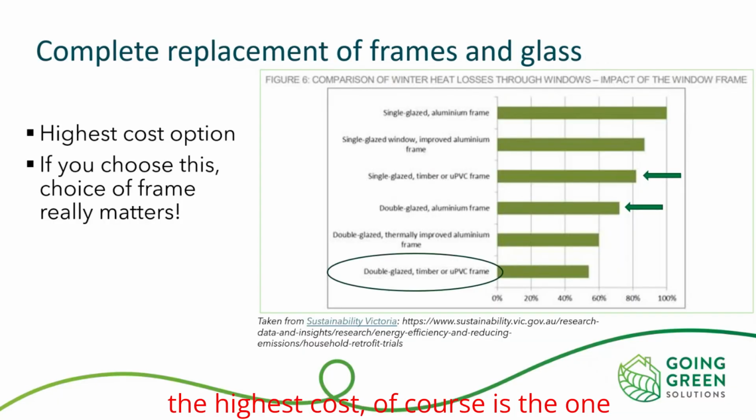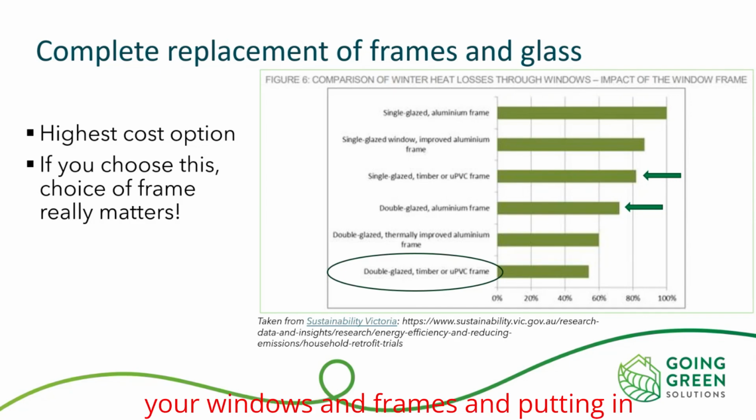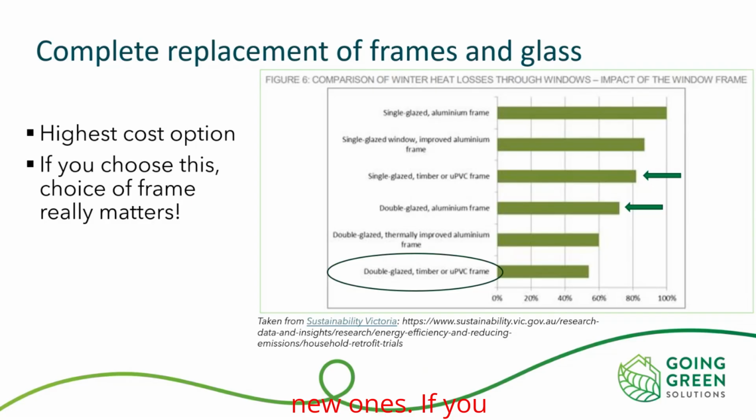And then the highest cost, of course, is the one that is the only one most people have heard of, which is completely pulling out your windows and frames and putting in new ones.